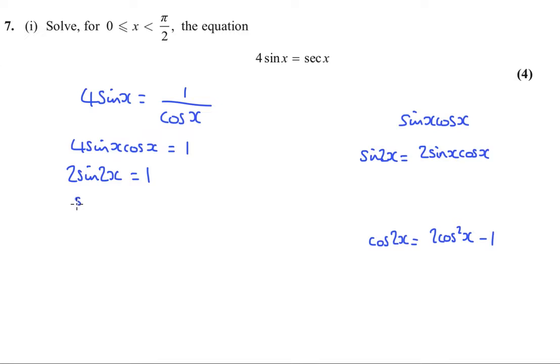So we're going to divide by 2, and we're going to inverse sine. Now when we inverse sine, that's going to tell us 2x, not just x. Inverse sine of a half is pi over 6. You need to be in radians for this, remember?